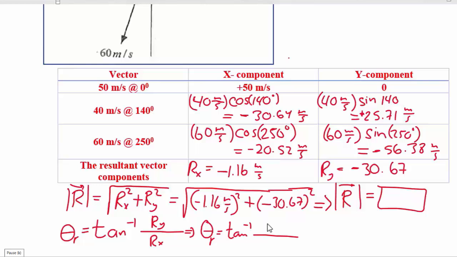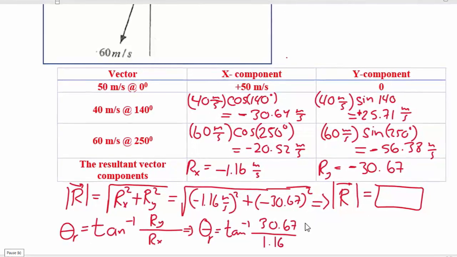It will be tangent inverse of 30.67, that's the y component, over the x component, which is 1.16 meter per second over meter per second. Of course, the units will cancel out, and the related angle will come out to be 87.83. So it's in the third quadrant and it's making an angle of 87.83 degrees. This is the related angle.